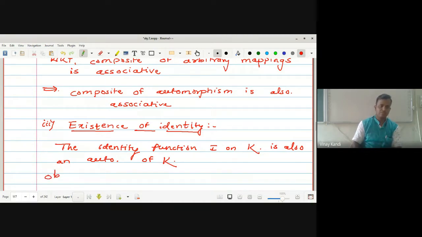So obviously I, the identity mapping, is one-one and onto.